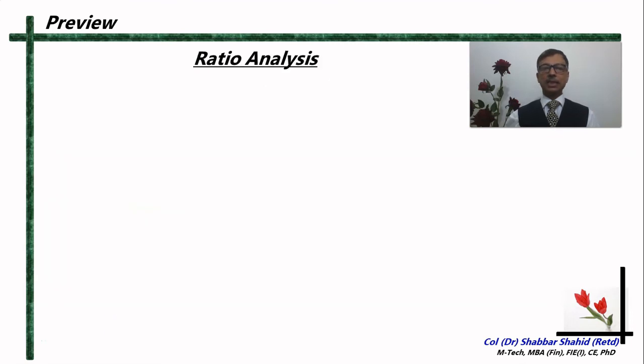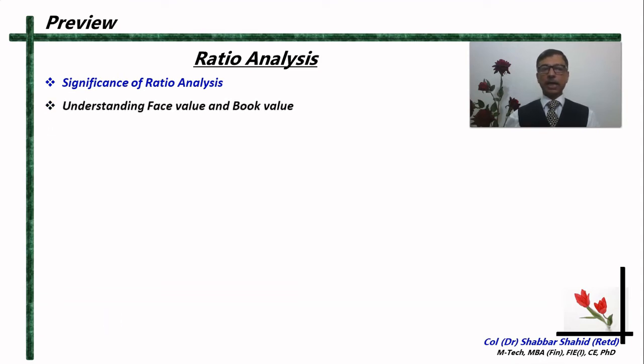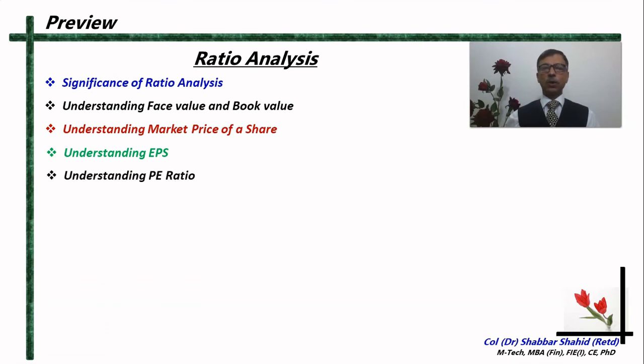Once we have done this, we shall talk about the ratio analysis. First, we will see the significance of the ratio analysis, why it is important and why we must do ratio analysis. And then we shall try to understand certain things like the face value and the book value, then the market price of a share. Then we shall try and understand the EPS or the earning per share, and then something called the PE ratio or price to earning ratio.